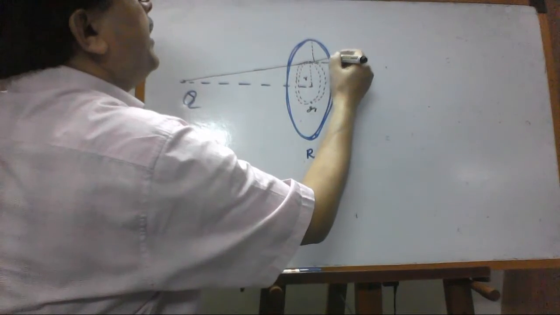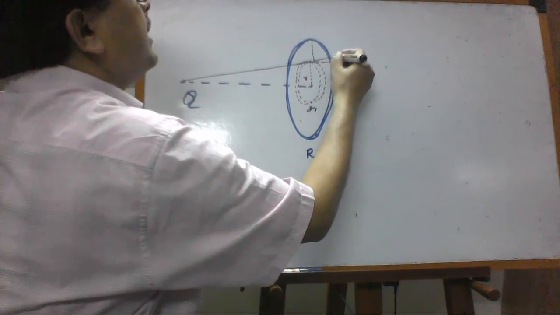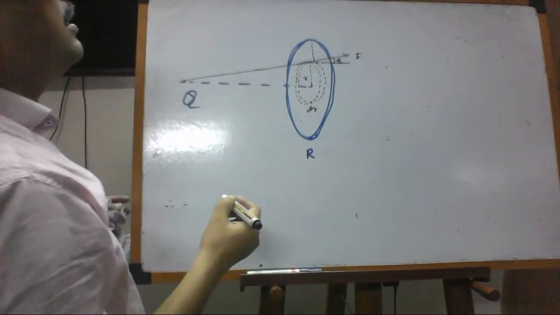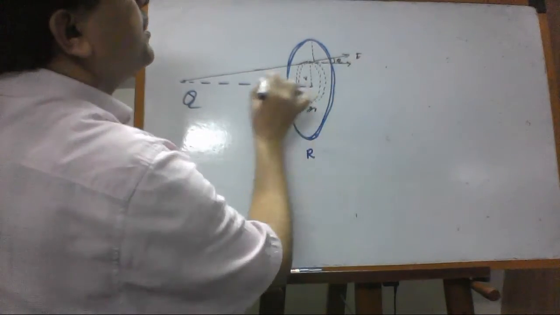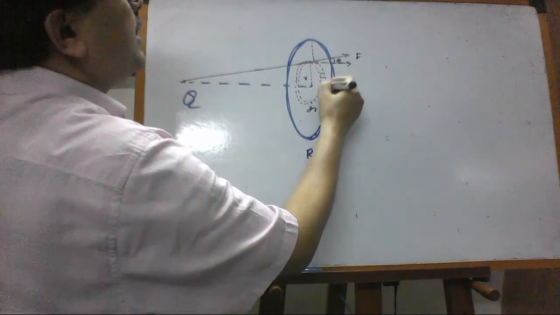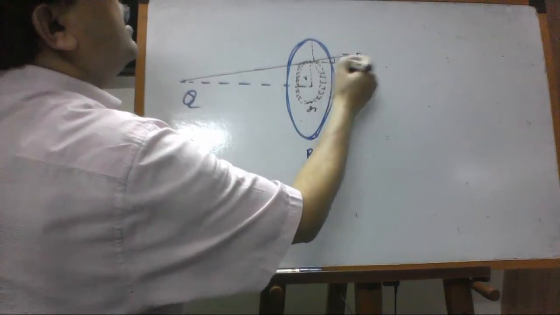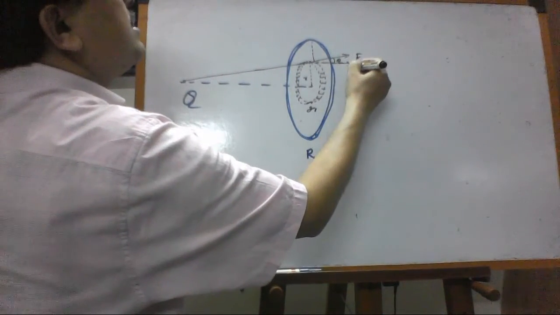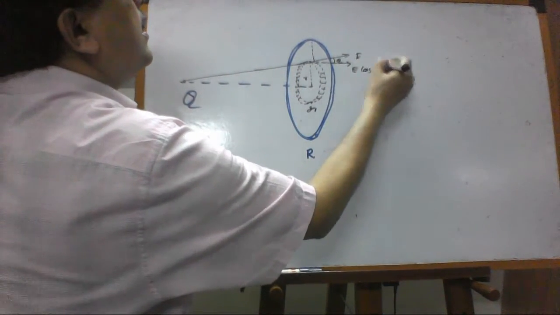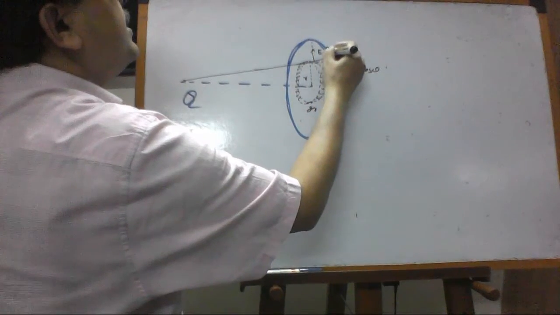If the E vector makes an angle theta with the horizontal, then what is the component normal to this area? It has two components, E cos theta this way and E sin theta this way.